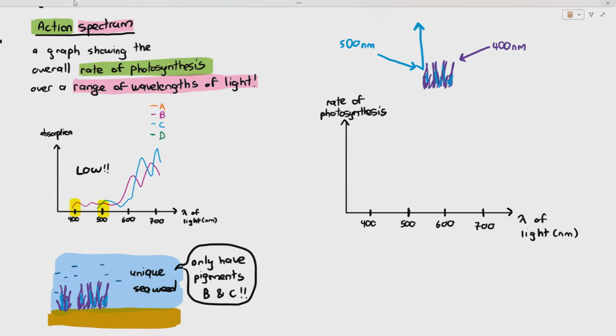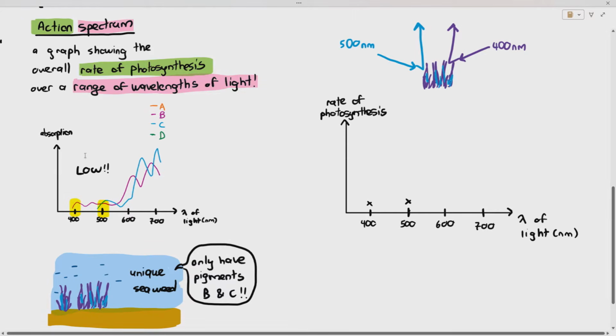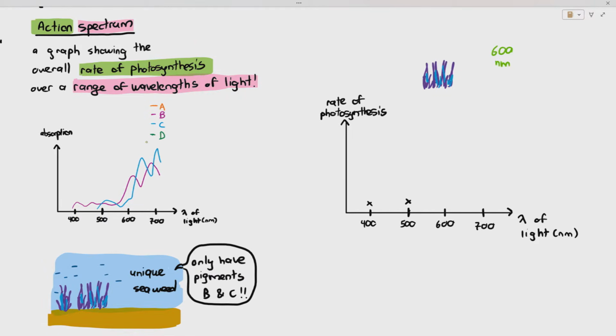And when they reflect the light, that's why these particular seaweeds are a bluish and greenish color, because they cannot absorb that particular wavelength very effectively. So will the plant have a high rate of photosynthesis in this case? No, they won't, because the rate of photosynthesis is low. The rate of photosynthesis is low because they cannot absorb that particular wavelength of light very effectively.